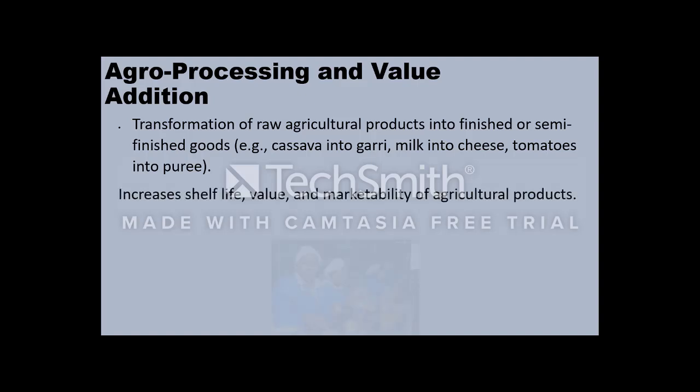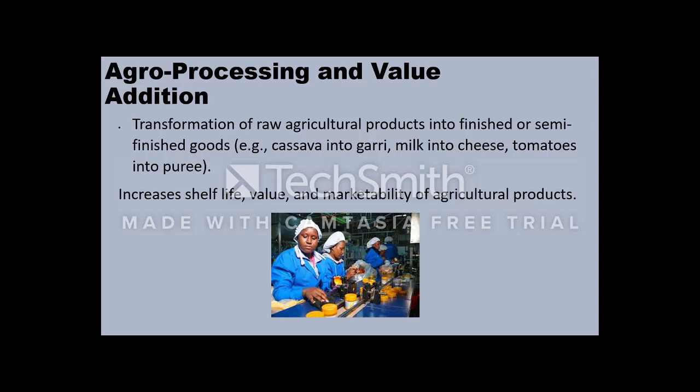If you sell your products at the raw stage, you want to agree with me that you may not command the kind of price that you are looking for if you sell them raw compared to if you sell them as a finished product. So when you're transforming your raw materials into finished products, you increase the shelf value, the marketability of these agricultural products.